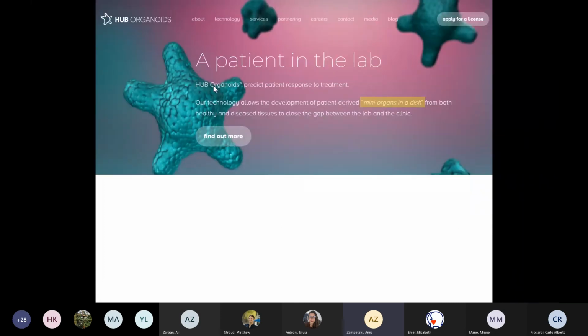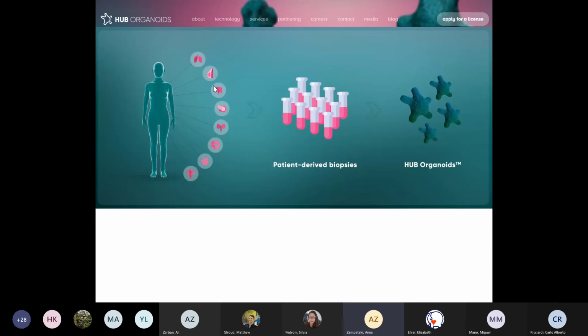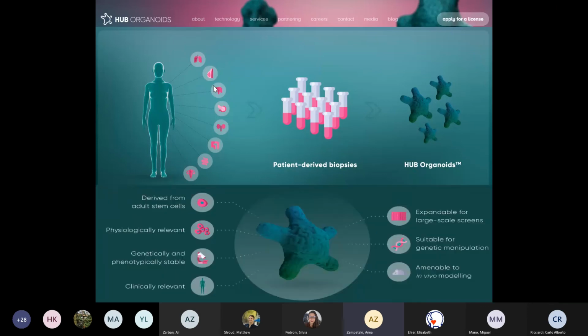Now, the biobank that I was referring to already exists, and it is the Hubrecht Organoid Biobank. What they do is have patient-derived biopsies, and these then are differentiated to organoids. So they are all derived from adult stem cells.